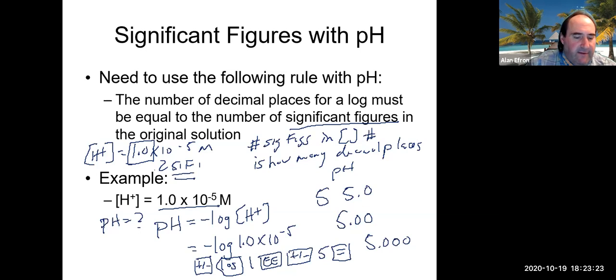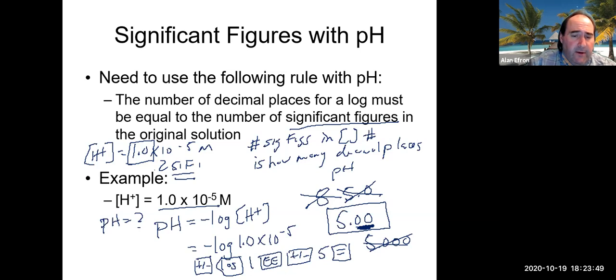So two significant figures means that I should end up with 2 decimal places, not 1, and definitely not that many. The number of significant figures in your concentration is how many decimal places your pH value should have. So the right answer here should be 5.00.